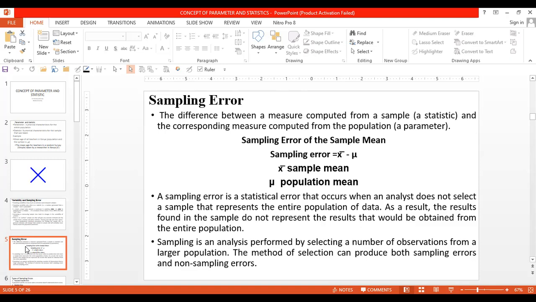It is said that when you take as many samples as possible from a population, and then you compute their means, or you draw the histogram of these means you have taken, you realize that most of these means will form some sort of a normal curve.